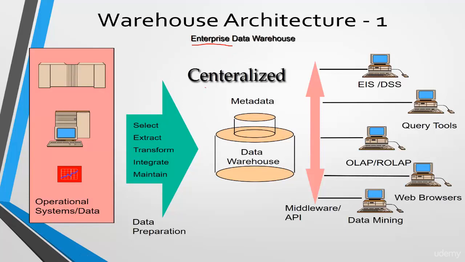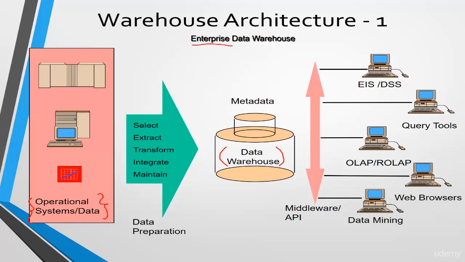It is also called as a centralized architecture. Why? Because here you have only one centrally located data warehouse which contains or stores all the data which is being sourced from different kinds of operational systems and different kinds of sources, right? So that is the reason it is called as centralized data warehouse, or it can also be called as an enterprise data warehouse.